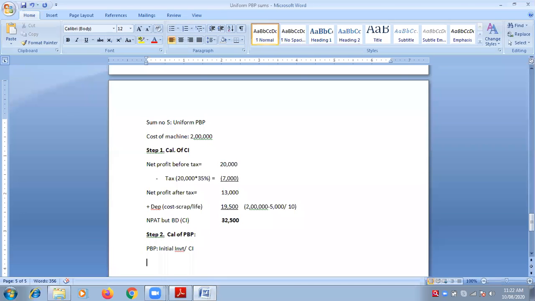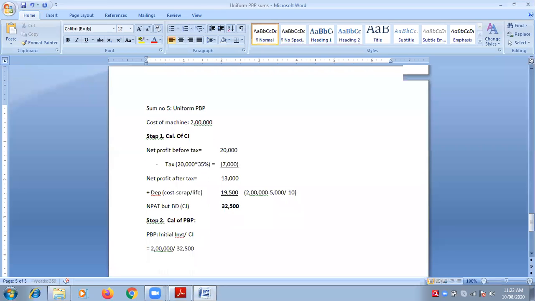So what is initial investment? Initial investment upon annual CI. Very good. Initial investment means cost of the machine divided by CI. What is CI? 32,500, the amount we had calculated in step number 1.